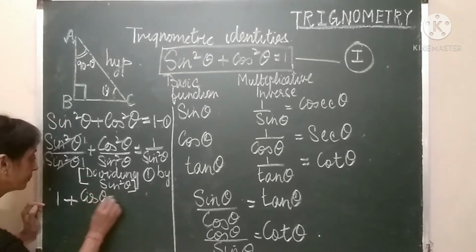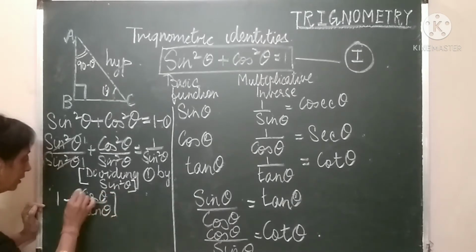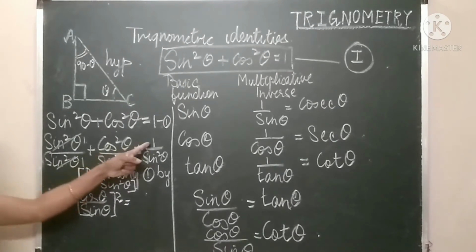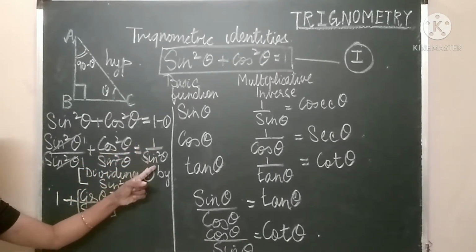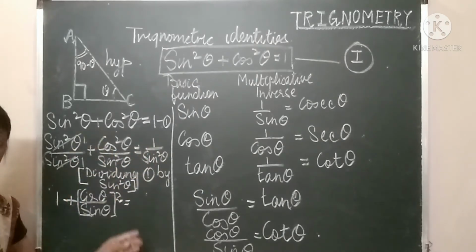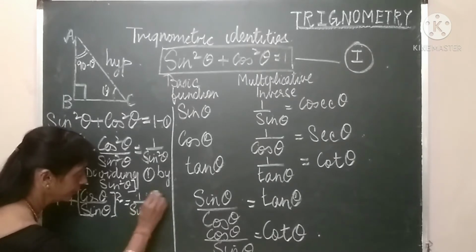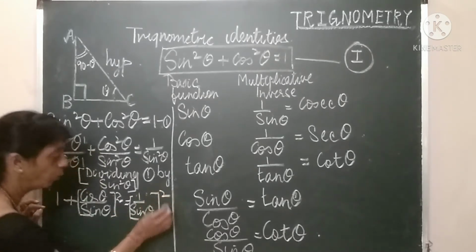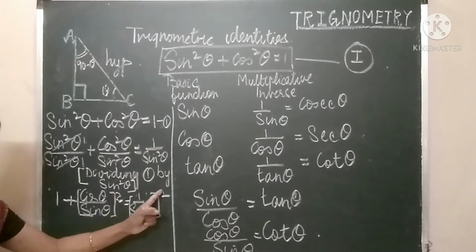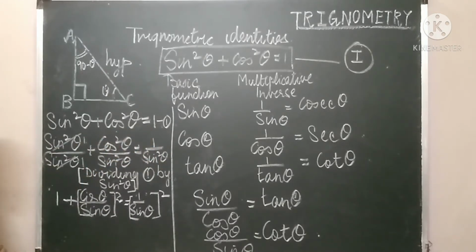Cos theta upon sine theta the whole square, which is equal to, here children, 1 upon sine square theta, which can also be written as 1 upon sine theta the whole square. Why? Because 1 square is 1, and sine theta the whole square is sine square theta, so you get back the original term.